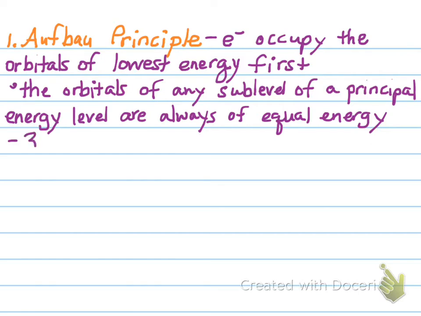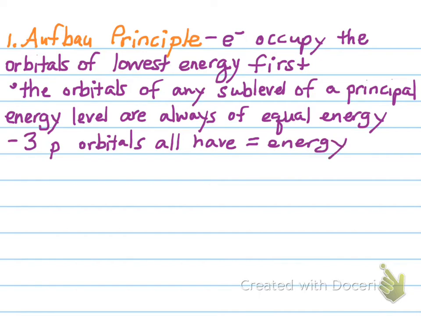So the 3 p orbitals all have equal energy. The 5 d orbitals all have equal energy.